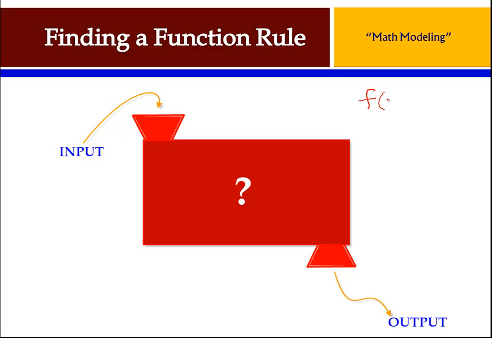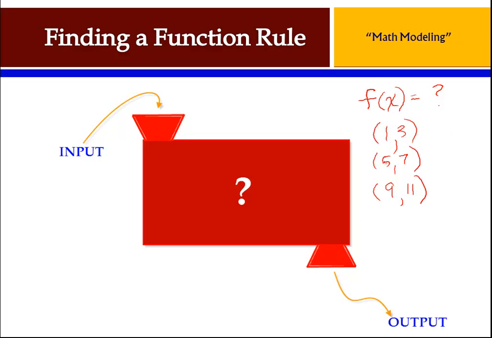Let's say I'm thinking of a function rule called f, where x is our input value. And I don't know what the rule is, but I know these ordered pairs. If a 1 goes in, a 3 comes out.